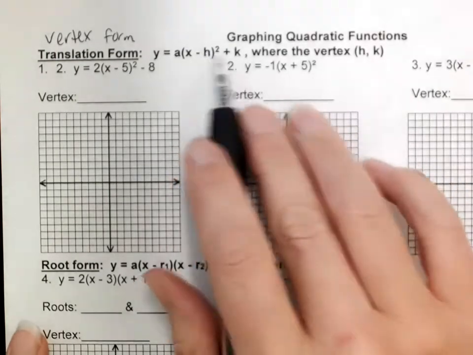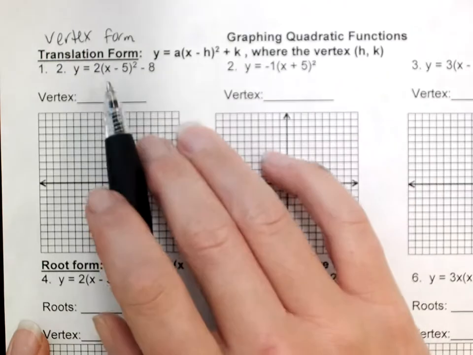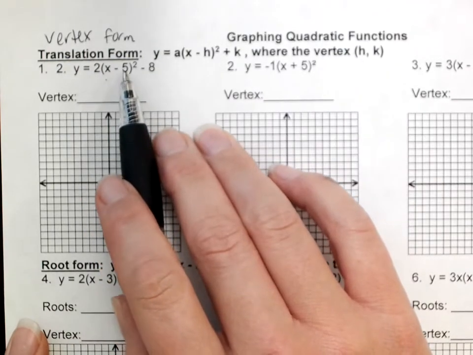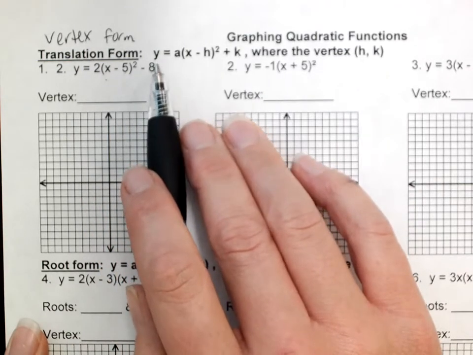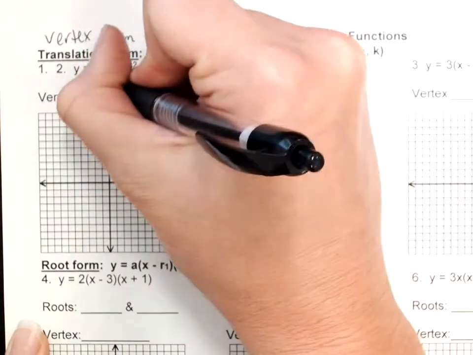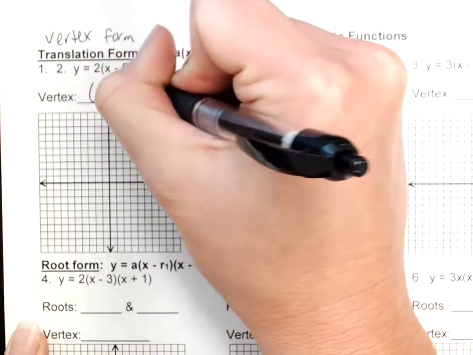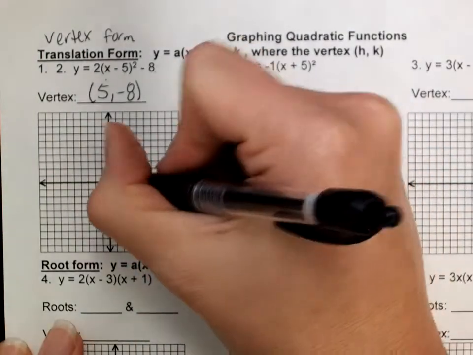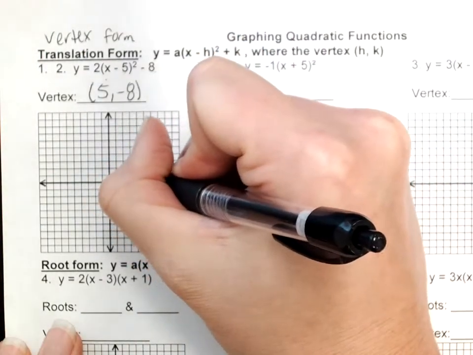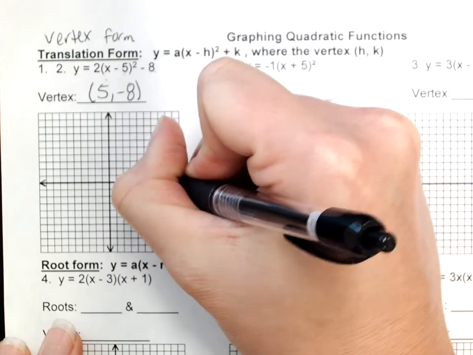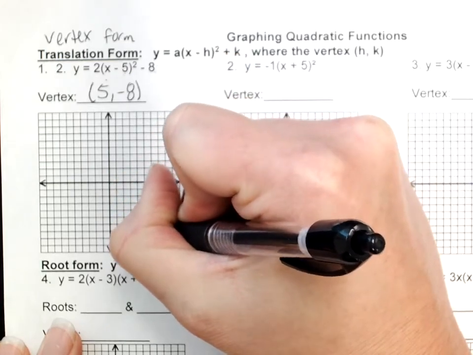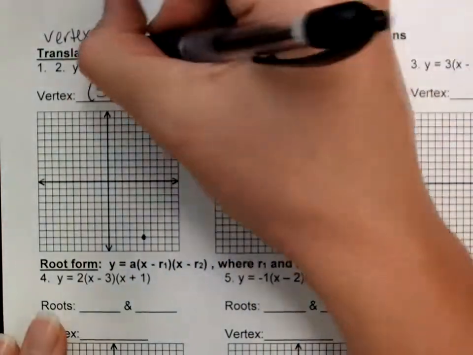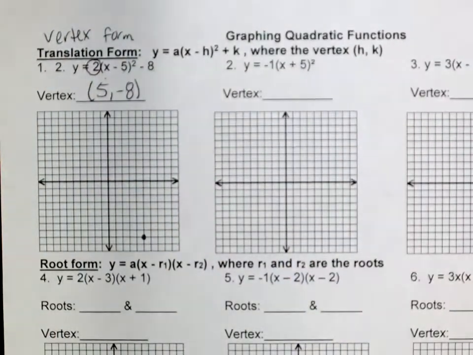So notice, just like this is going to move your graph to the right 5, this is going to move your graph down 8, that makes your vertex 5, negative 8. From there, I can go right 5, 1, 2, 3, 4, 5, down 8, put my dot. After that, don't forget the 2 in front means it's stretched. So remember that you're going to go up twice as much.